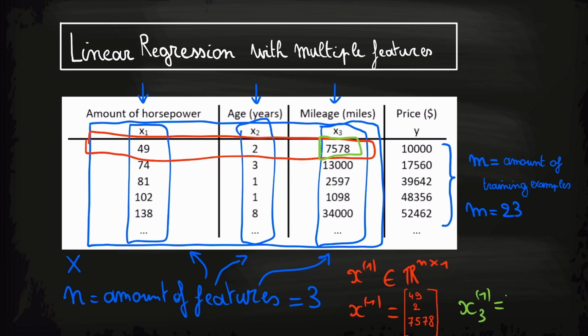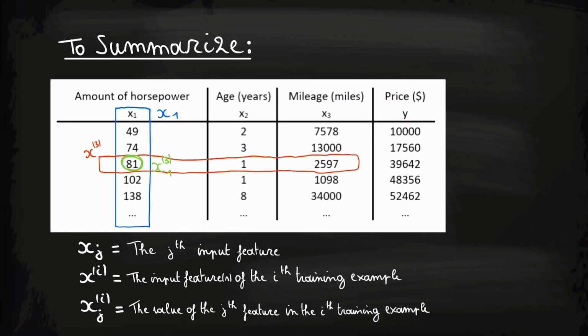In our case this will be 7578. So to summarize, we have x subscript j to denote the jth input feature. We have x superscript i to denote the input features of the ith training example, and we have x superscript i, subscript j to denote the value of the jth feature in the ith training example.